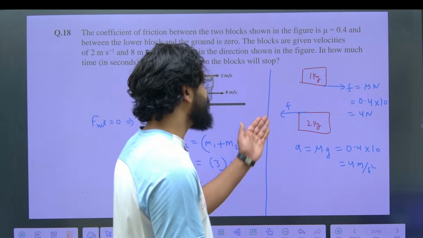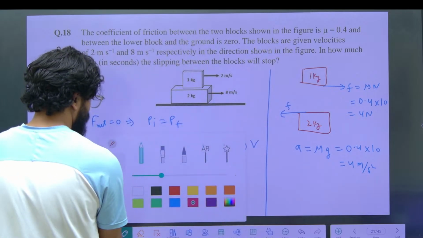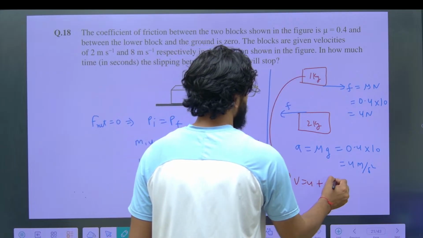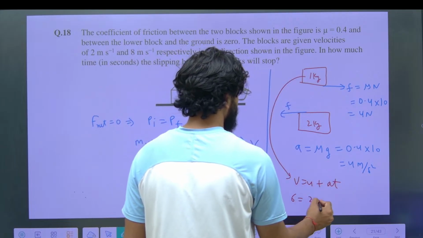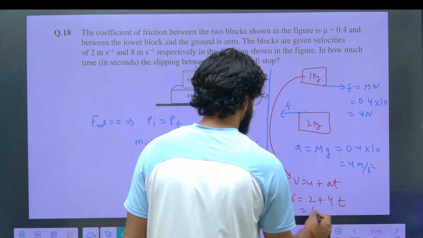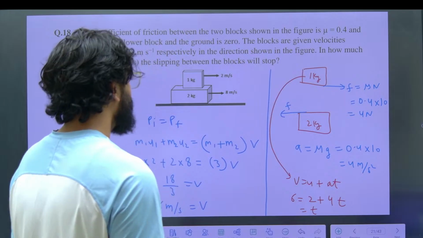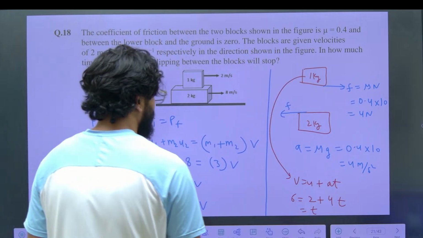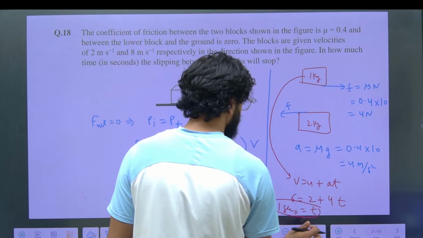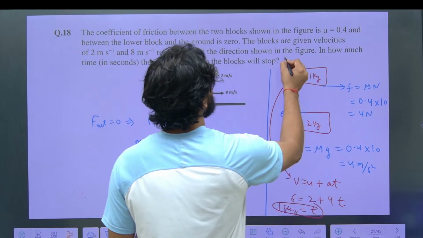We can take the perspective of the 1 kg block and write v equals u plus at. Final velocity is 6, initial is 2, a is 4, and we calculate time. It will happen in just 1 second. So the answer over here is 1 sec.